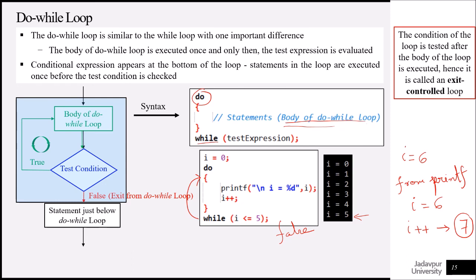But still, the body of the loop has already been evaluated and executed once because it is before the test expression. So that is how a do-while loop works, and that is why it is said that the body of the do-while statement is executed at least once, whatever be the test condition.